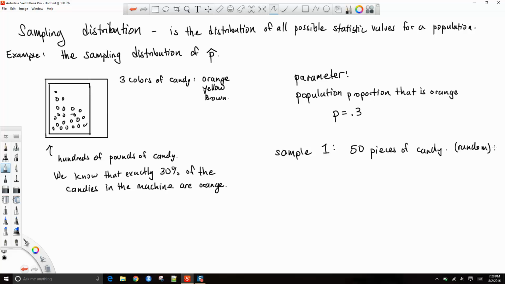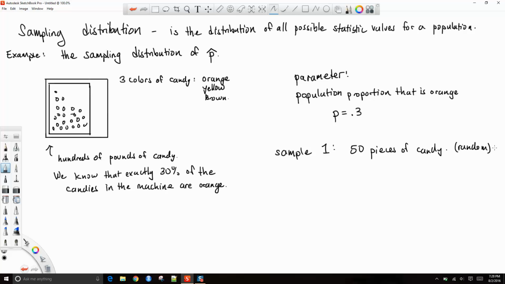But let's say I dump them out and count them up and I only have 13 orange pieces. Is that possible? Yeah, it's a random scoop. 13 out of 50 is then only 26% orange.